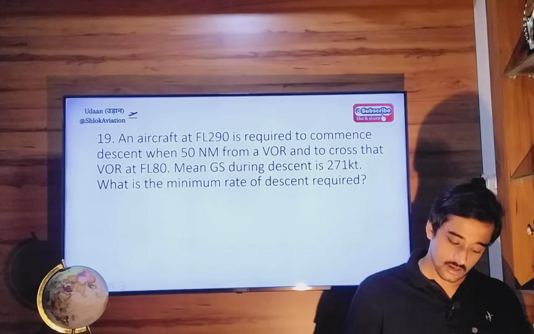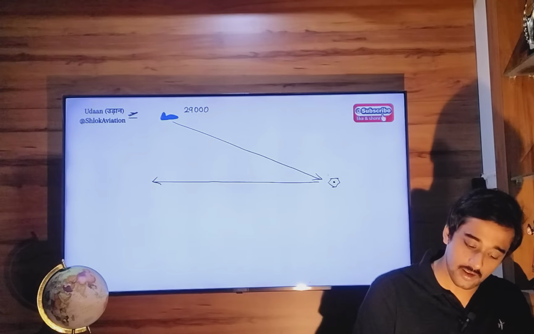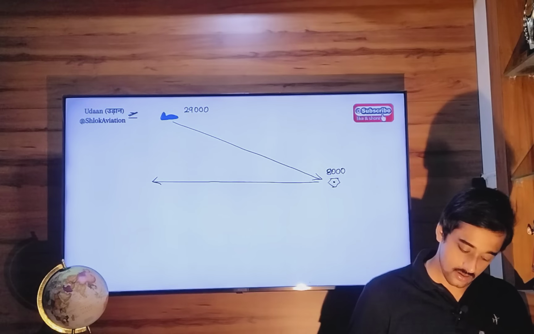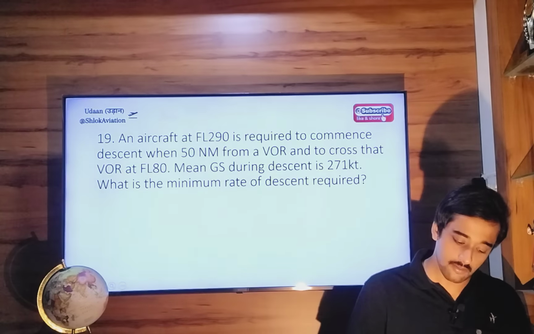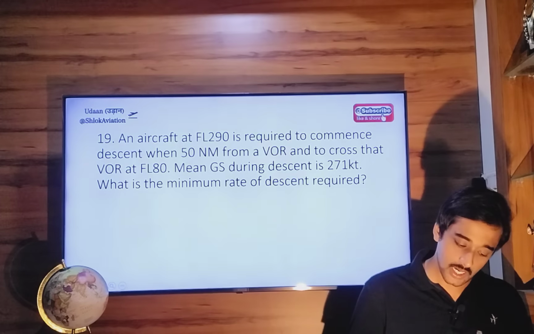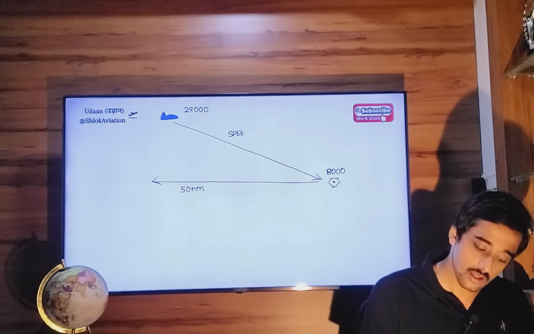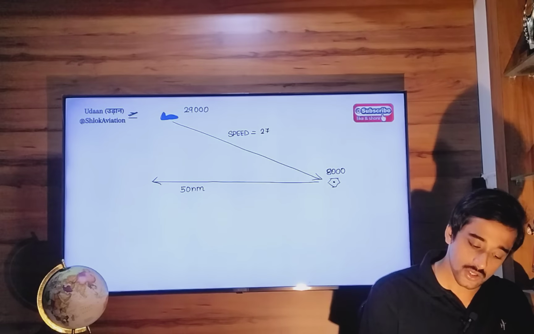So 29,000 feet to 8,000 feet. 50 miles. Horizontal distance is 50 miles. Speed is 271.